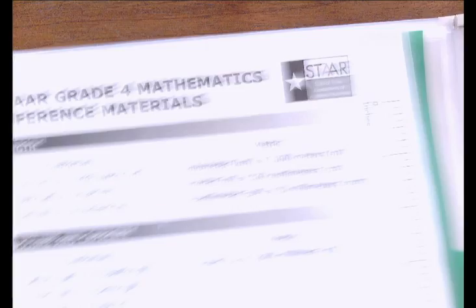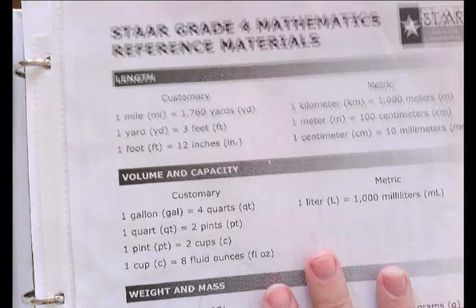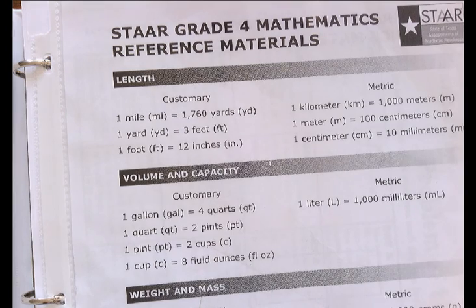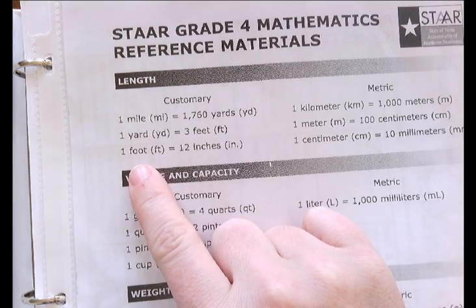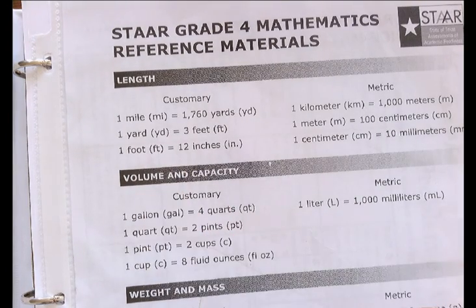But if you don't, in your binder, you should have a copy. This is my binder, and the first thing you should have in a page protector, like I gave everybody, should be a copy of the star reference material. This is a length measurement, customary, and we should see right here that there are 12 inches in every 1 foot.